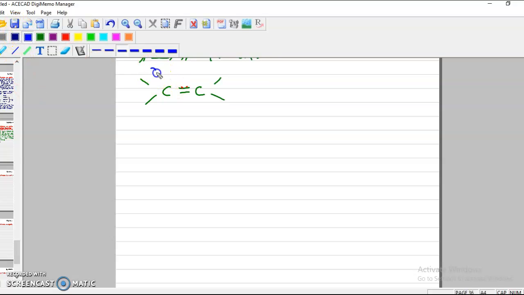When these electrons absorb ultraviolet radiation, one of these pi electrons will shift to the pi star orbital and show the π to π* transition, where the sigma bonding electrons remain as they are, but one electron from the pi bonding orbital transfers to the pi star anti-bonding orbital of the same molecule.